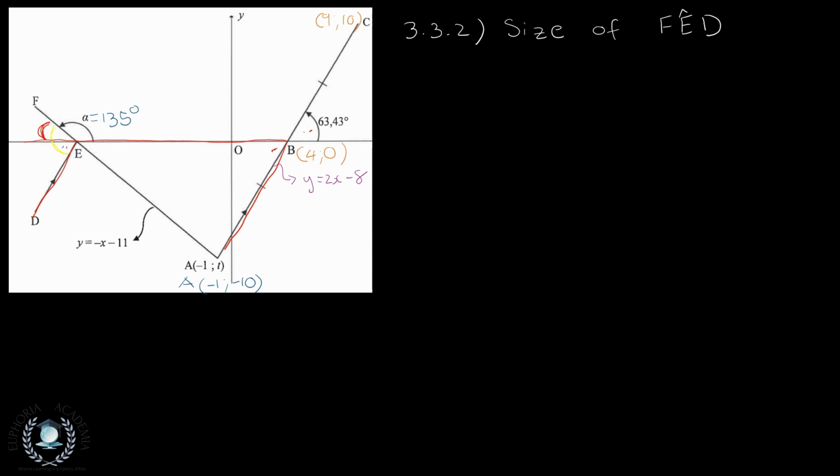So we know that the angle, let's call it ABE, is equal to 63.43 degrees. Why is that?